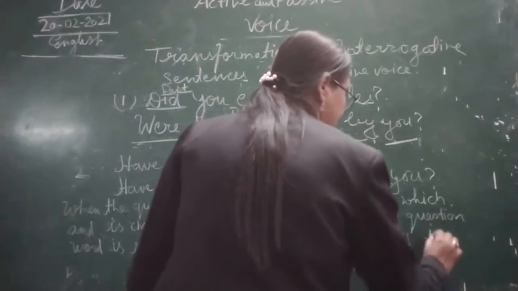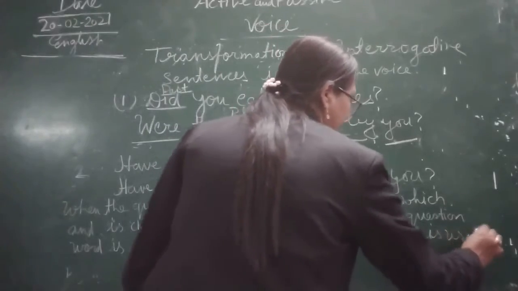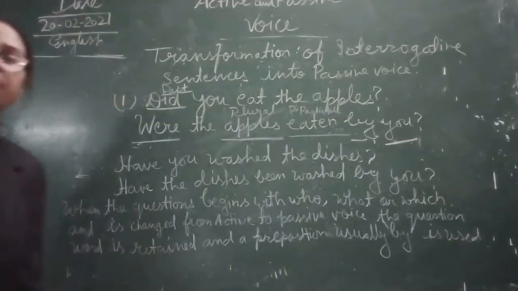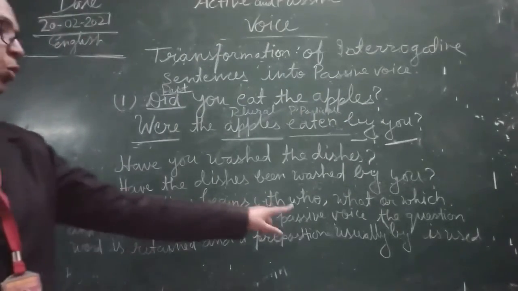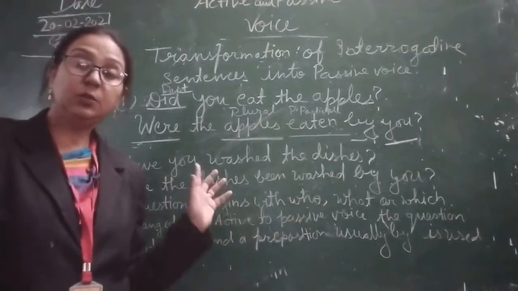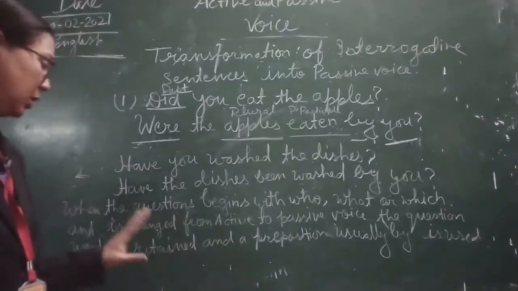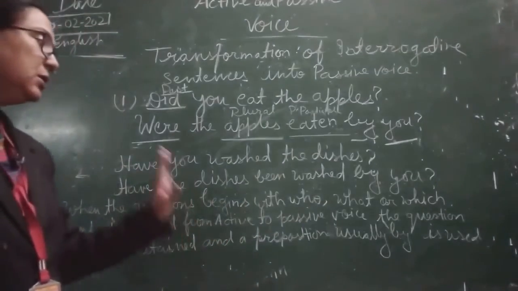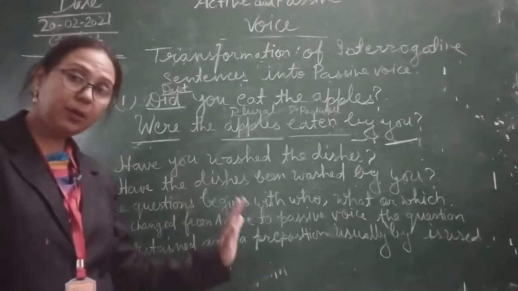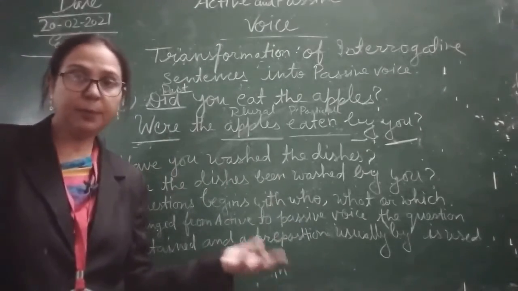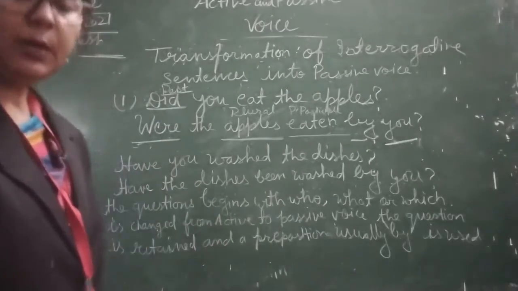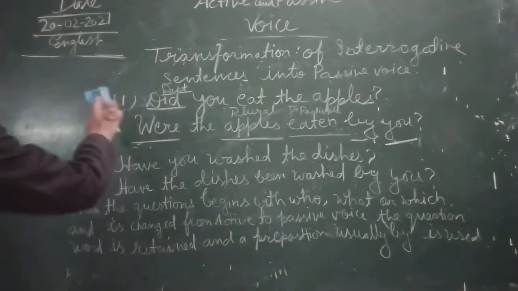Now children, according to this rule, if your sentence is started with who, what and which, so at that time what we will do? So it will remain same, but before that we will use by. Okay, preposition. So I'll give you one example for that.